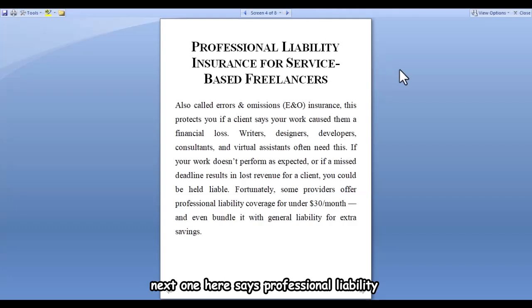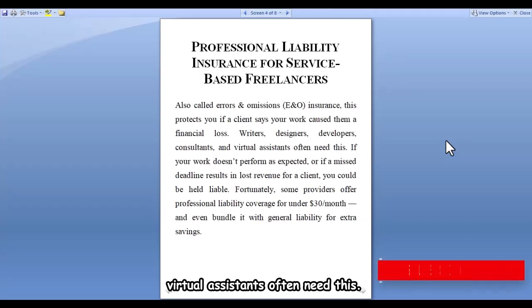The next one here says professional liability insurance for service-based freelancers. This is also called errors and omissions, or E&O, insurance. It protects you if a client says your work caused them a financial loss. Writers, designers, developers, consultants, and virtual assistants often need this.